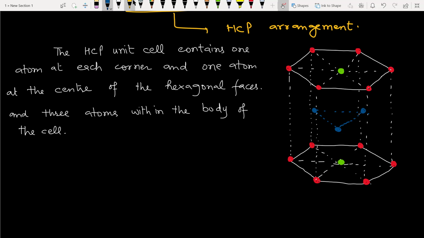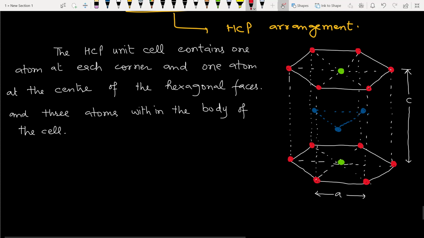If this side we assume equal to small a, C is the height of the hexagonal arrangement. These two atoms are touching each other.